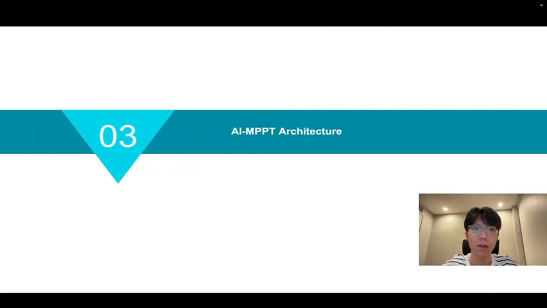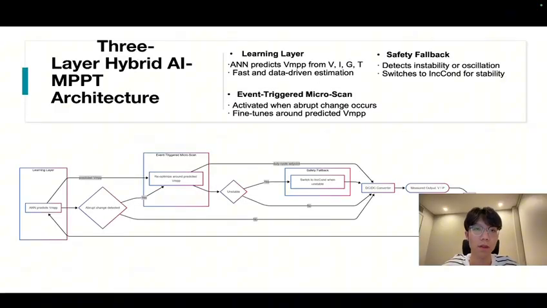And in this part, we present our 3-layer hybrid architecture designed to combine speed and stability. In the learning layer, the ANN predicts the output voltage's maximum power point. If an abrupt change or local peak occurs, the macro scan layer fine-tunes around the prediction.